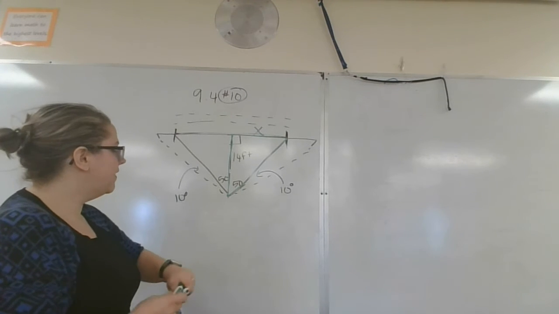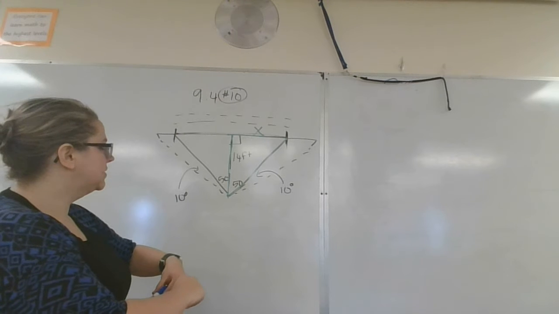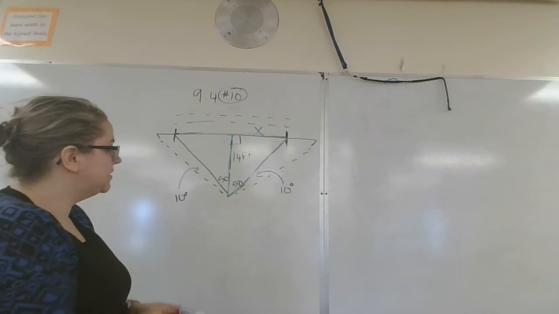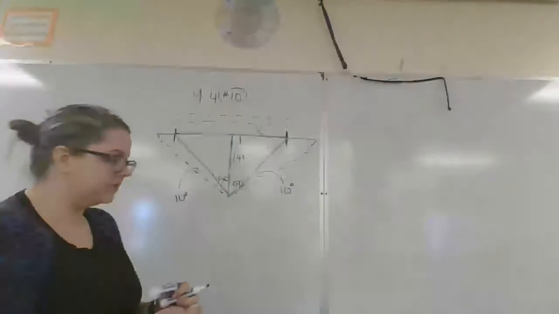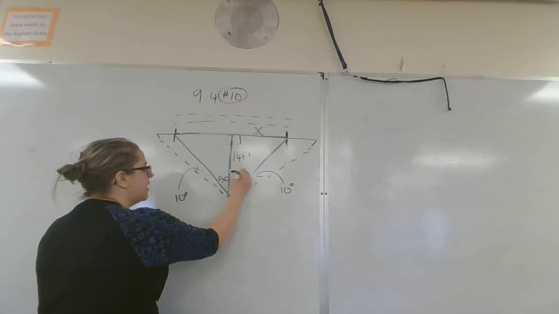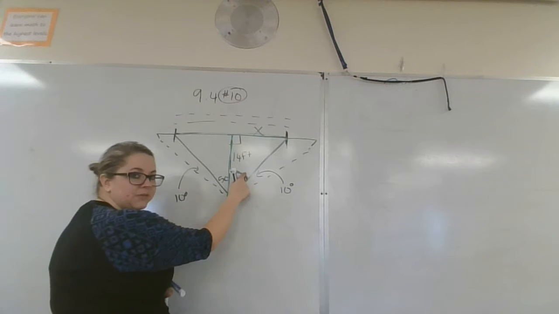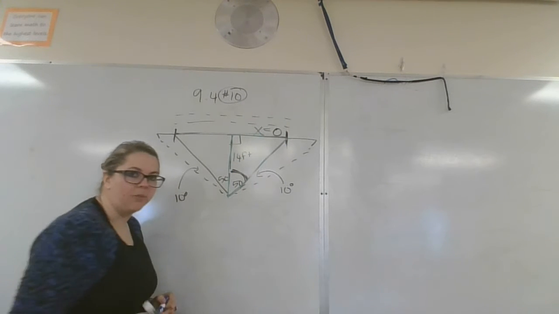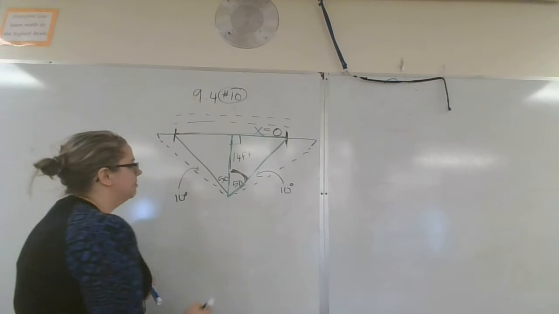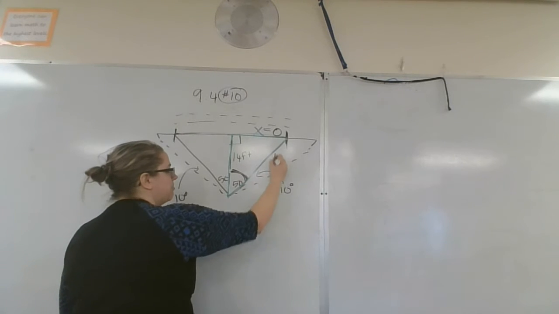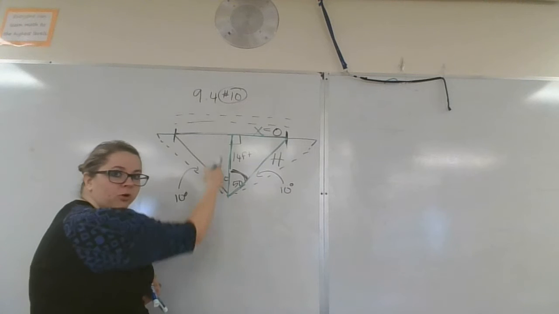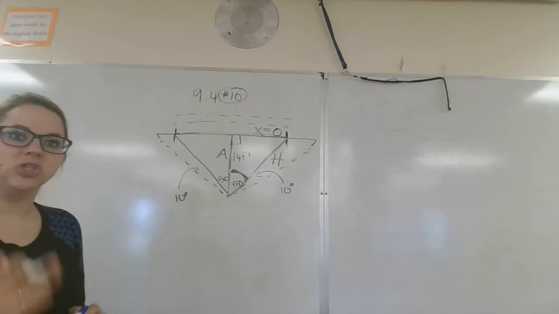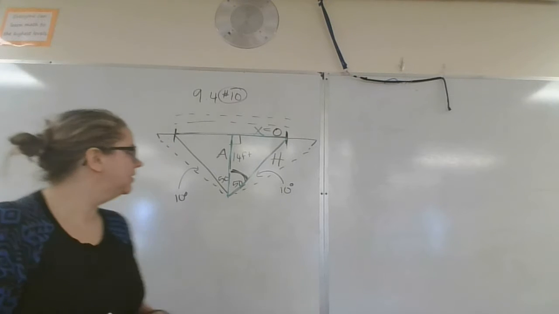In order to find that, I have to use tangent. Let's label our sides first. Here's the angle I'm looking at, and the opposite side of this angle is up here, so x is my opposite side. This is my hypotenuse. And my 14 feet in the middle here is my adjacent side because it's next to the angle we're looking at.